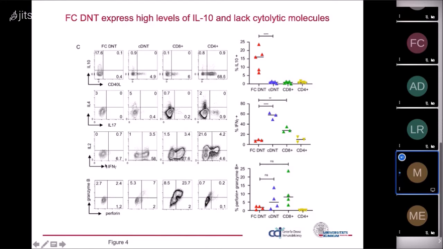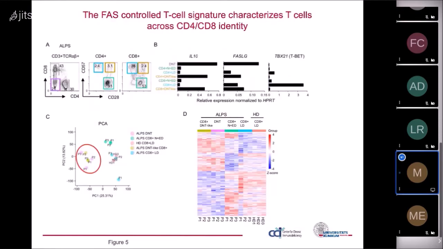Then we moved to another important question we had since a long time. So we asked, is this signature actually defined by the DNT state, or is it present also in CD4 and CD8 T cells? And we knew already from previous studies on ALPS patients that ALPS patients do have a small proportion of CD4 and CD8 single positive T cells, which share some phenotypic features and also some transcriptional features with the DNT.